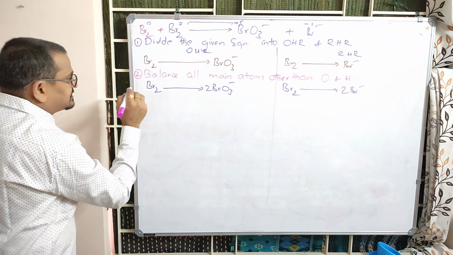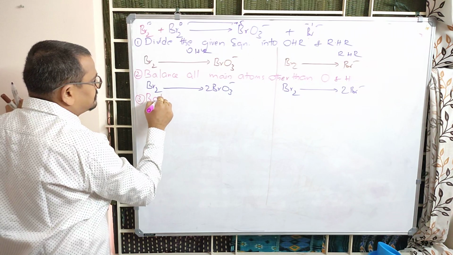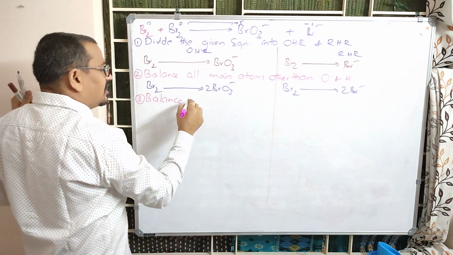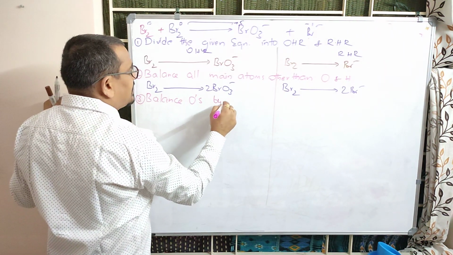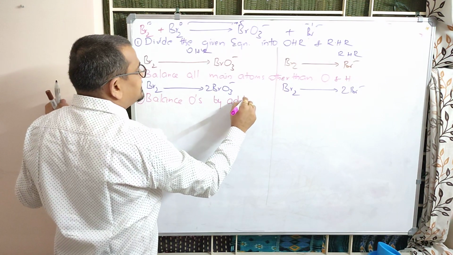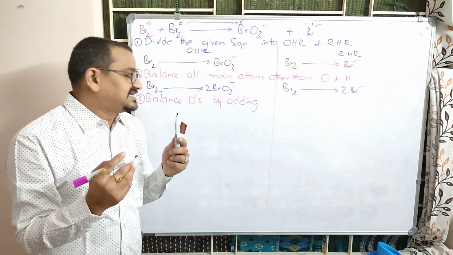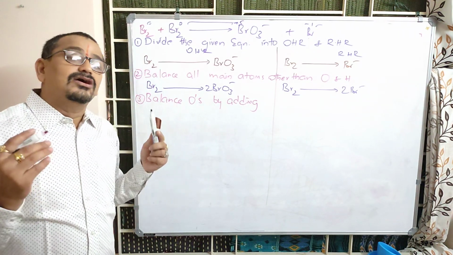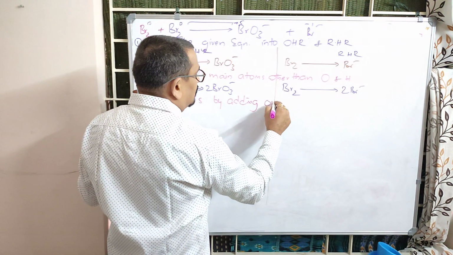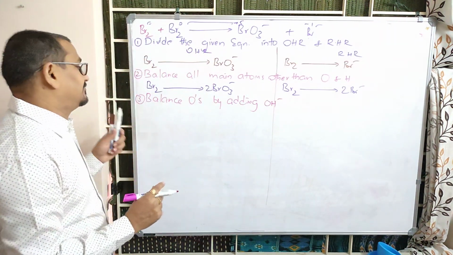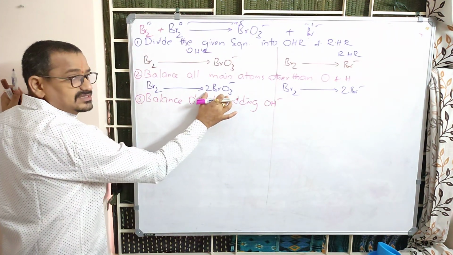Next, step 3 is balance oxygens by adding, in basic medium how do you balance oxygens? By adding OH minus, on the deficient side. Now see, this side 6 oxygens are there.